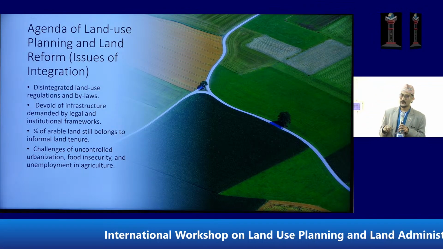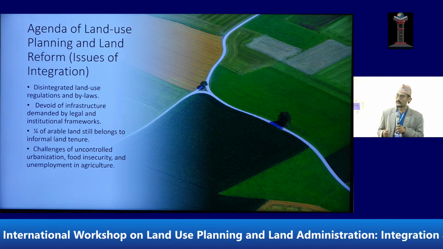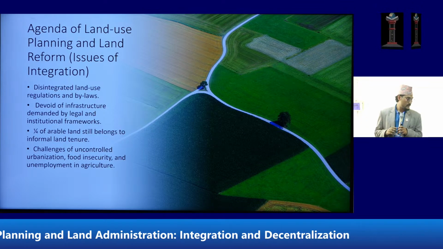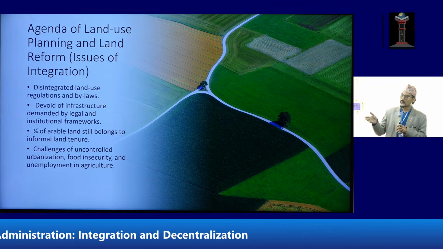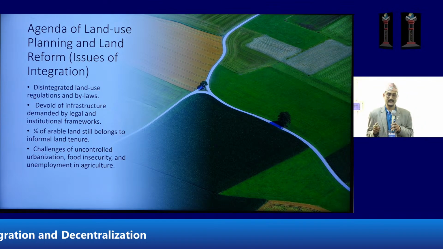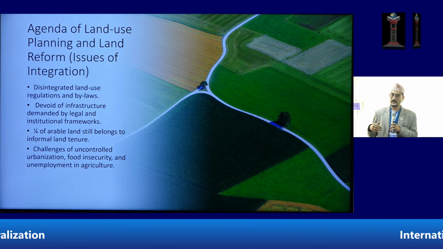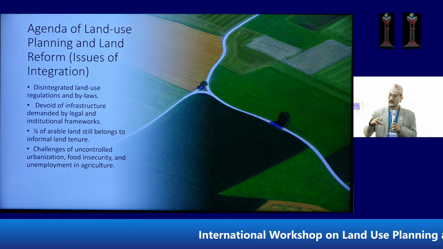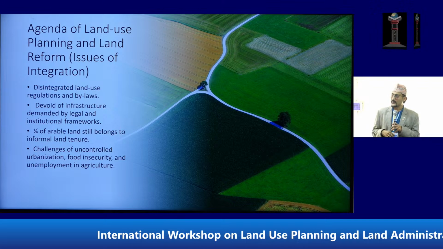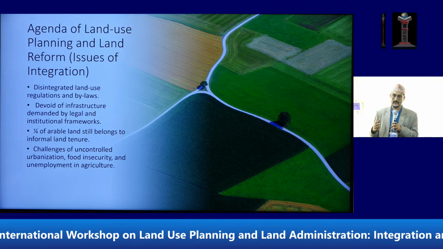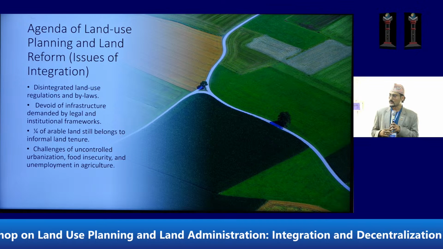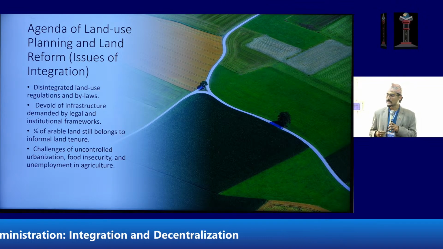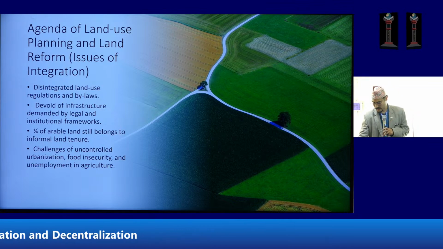Now, coming back to the agenda of land use planning and land reform, there are these issues of integration. The land use regulations and bylaws are disintegrated. That is devoid of infrastructure, legal instruments and capacity at the local levels, and a lot of land is still in informal land tenure, and there are these challenges of uncontrolled urbanization, food insecurity, and unemployment in agriculture.